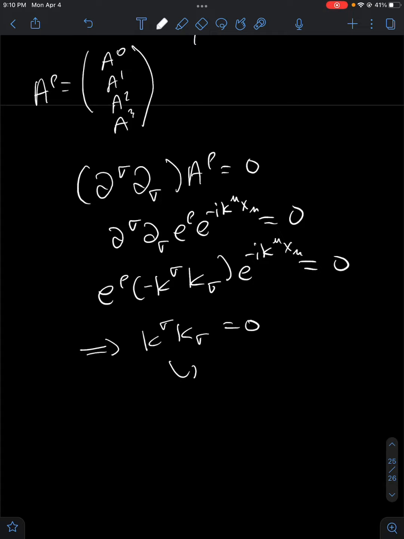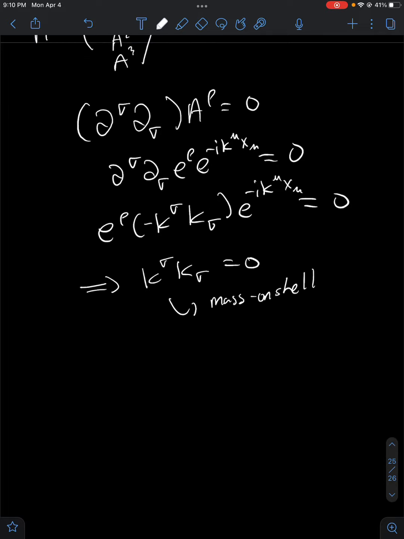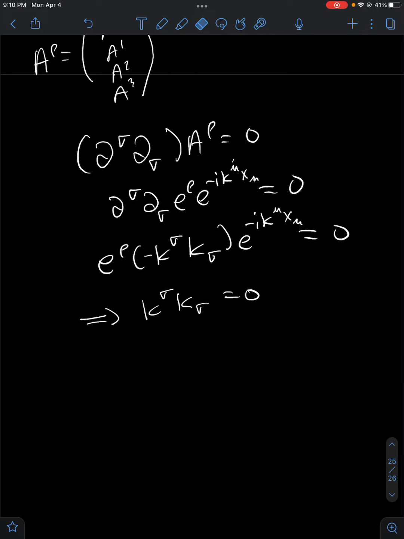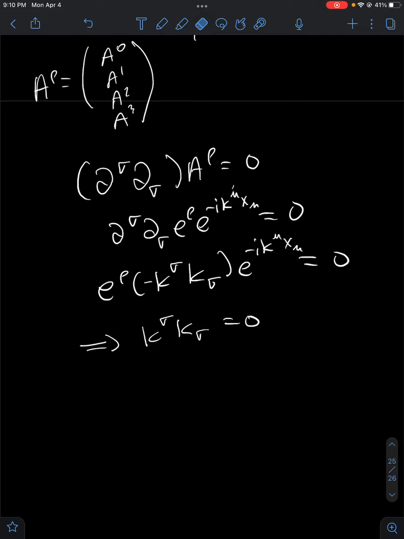This is just the mass on shell condition for a photon, since we know that k mu k mu should equal m squared. But since m equals 0, this implies that k sigma k sigma is just going to be equal to 0. So we can use that condition, and that does mean that our solution is satisfied, since if this is 0, this entire term is 0, so we get 0 equals 0, which is true.